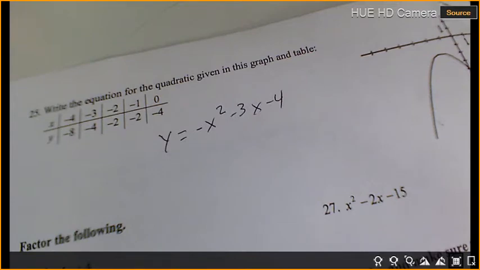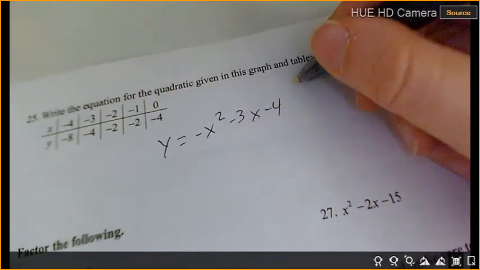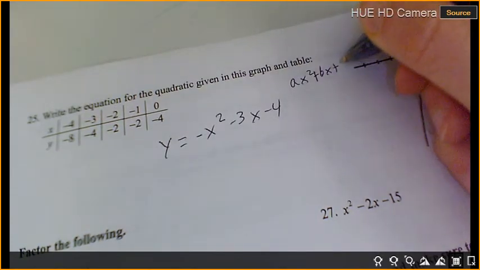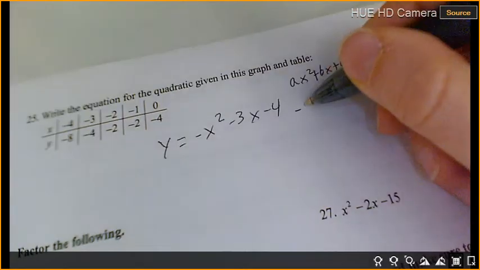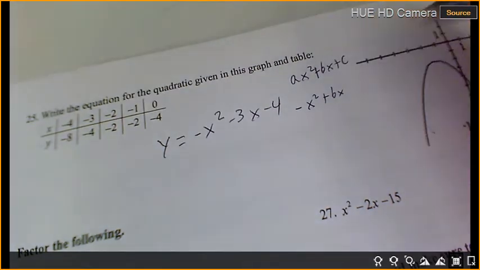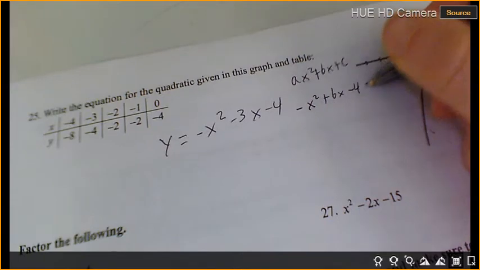You've done this sort of before, where if we have ax squared plus bx plus c, we know that a is negative 1. We don't know what b is, and we know c is negative 4 equals y.